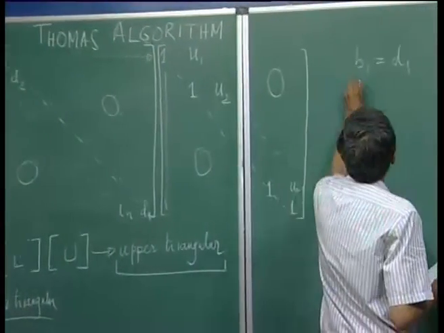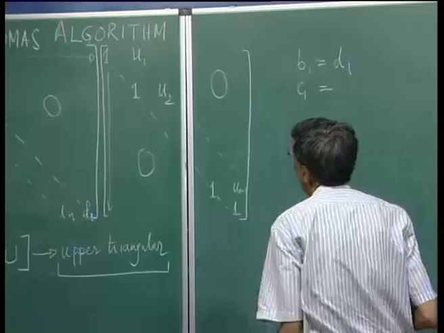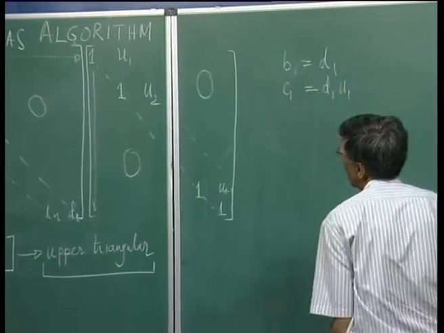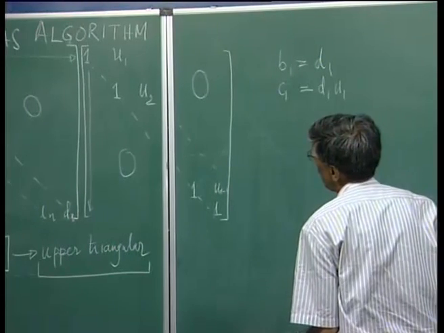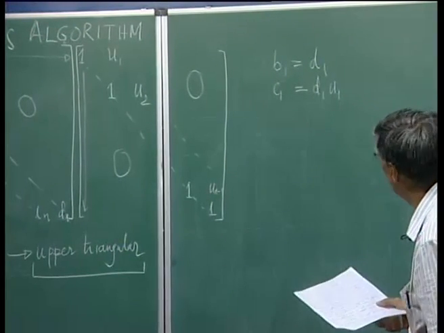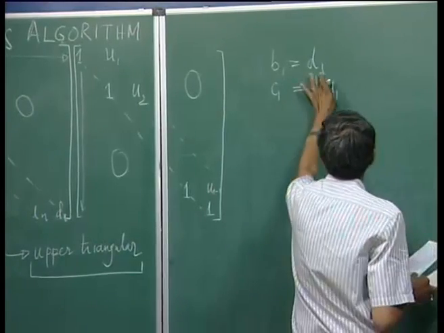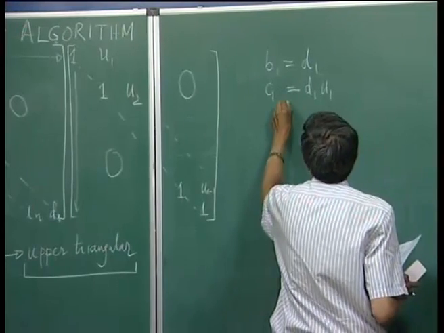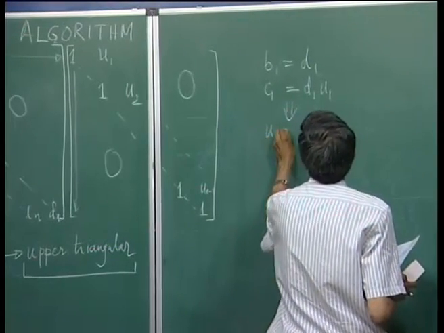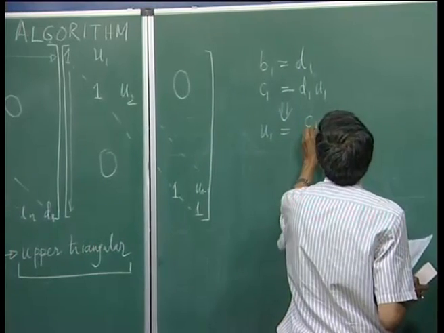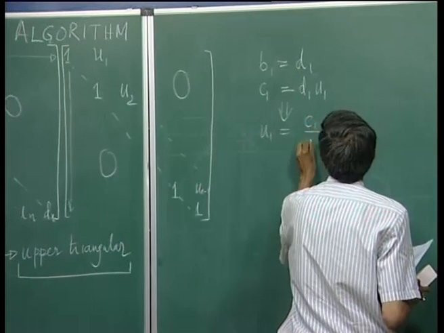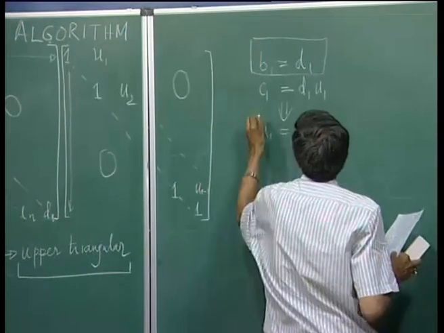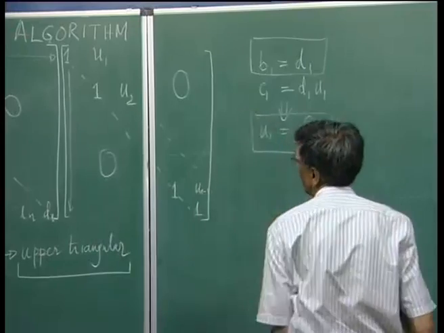That means C1 would be equal to D1 U1, and so we can very clearly see that U1 is equal to C1 by B1 itself. So, basically D1 is defined like this and U1 is defined like this.